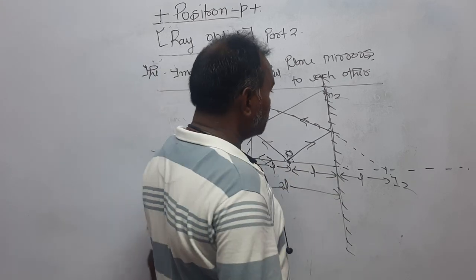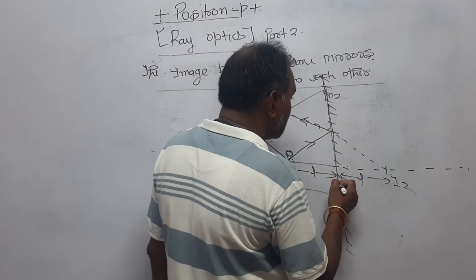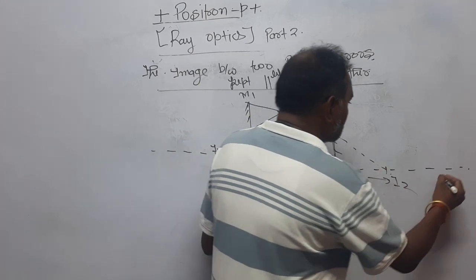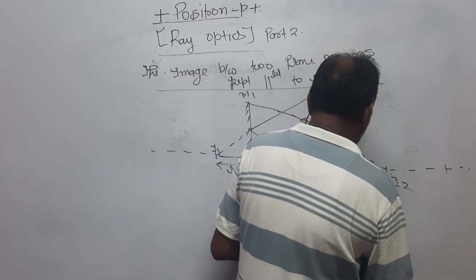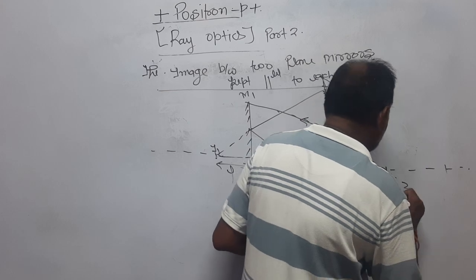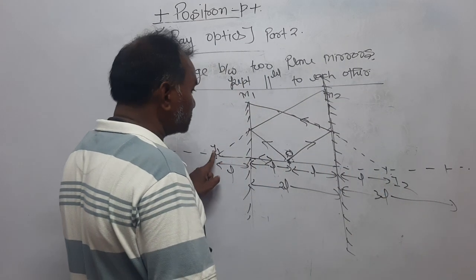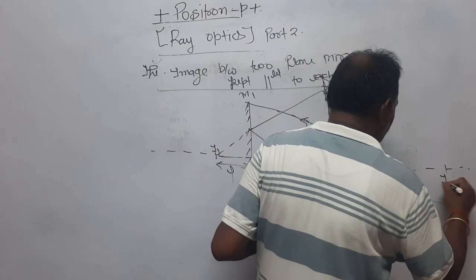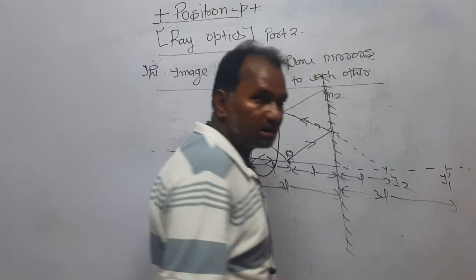So another image will be made at 3L distance away, and that will be the image of I1, let it be I1 dash, right?